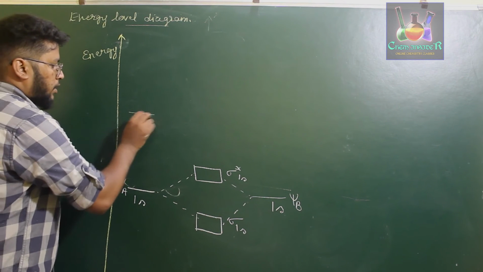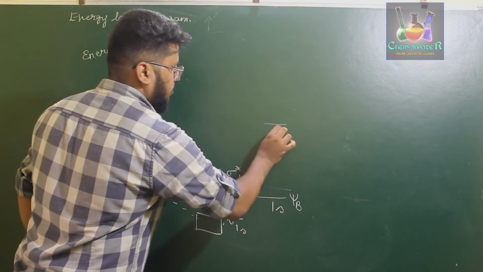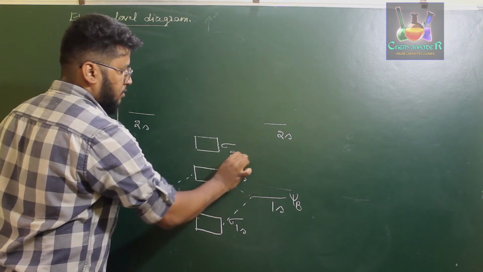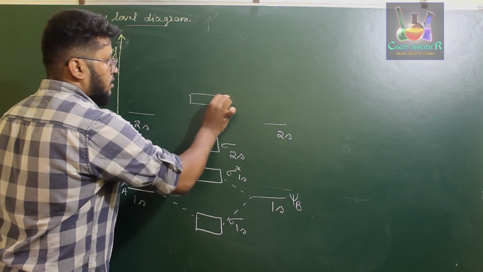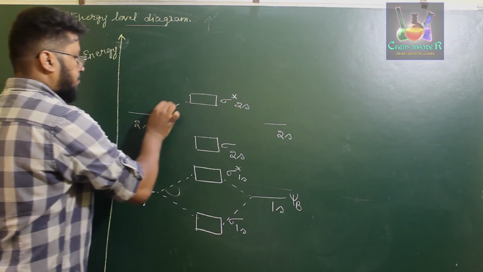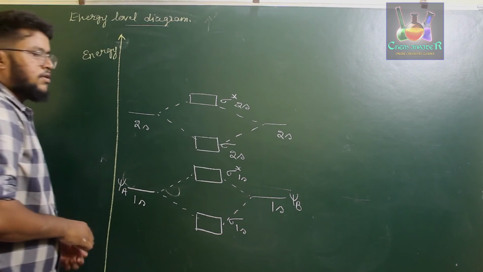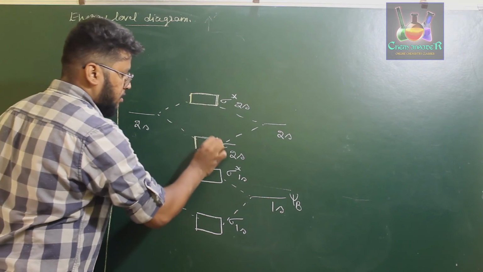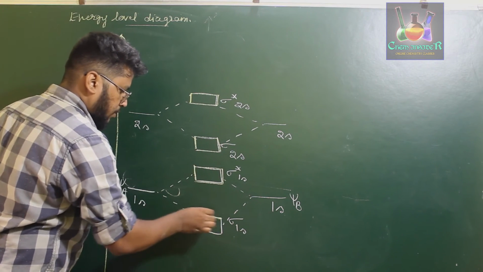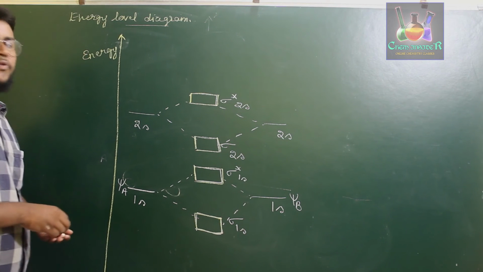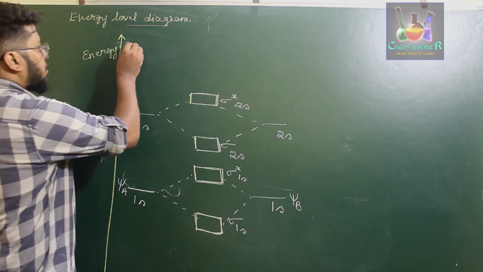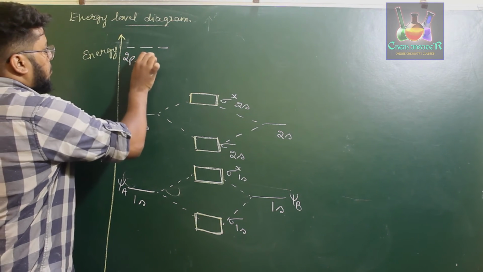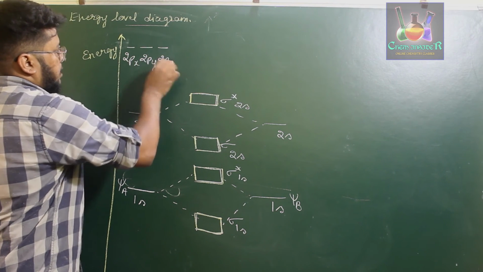Now if you consider the 2s orbital, they will also have two molecular orbitals. One is sigma 2s and the other one is sigma star 2s. Now when you come to the p orbitals, we observe the variation: 2px, 2py, 2pz.